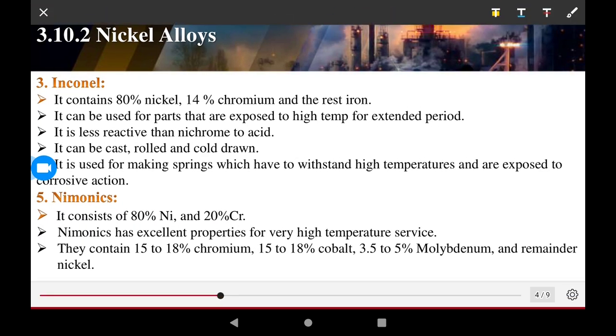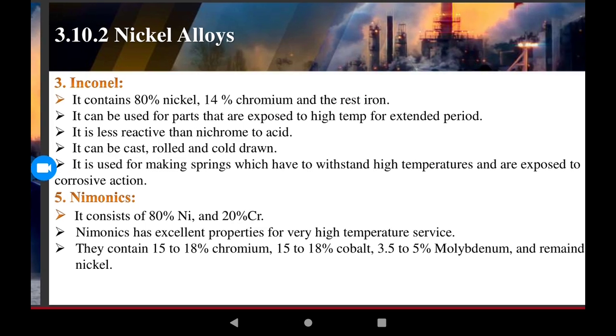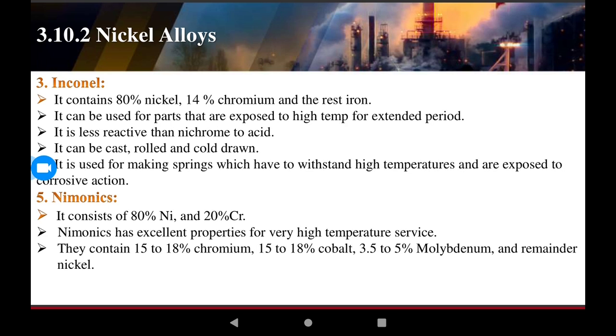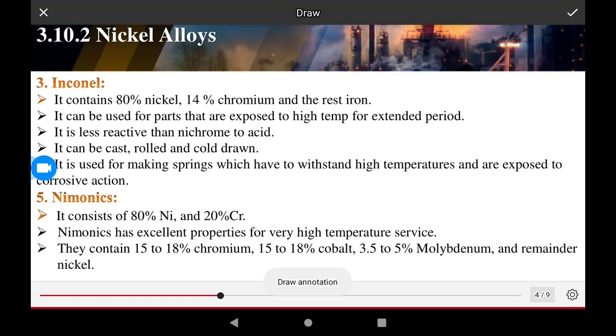Nickel alloys, the third metal: Inconel. It contains 80% nickel, 14% chromium, and the rest iron. It can be used for parts that are exposed to high temperature for extended periods.